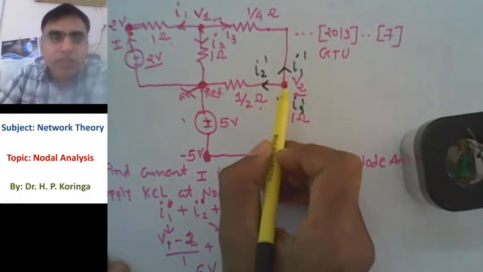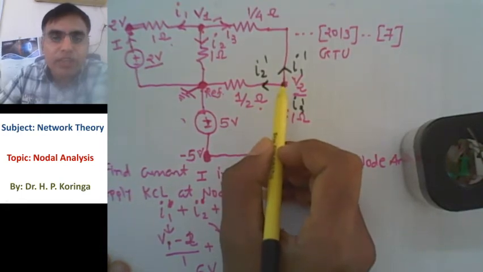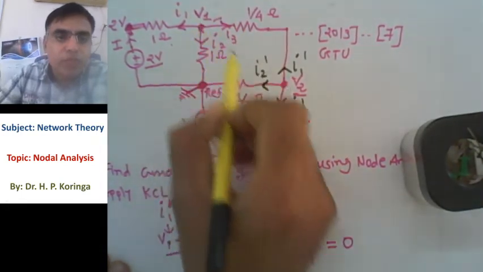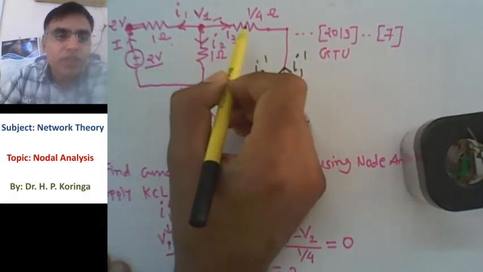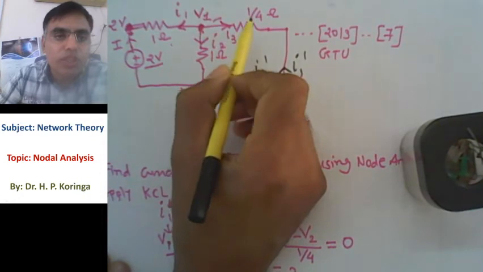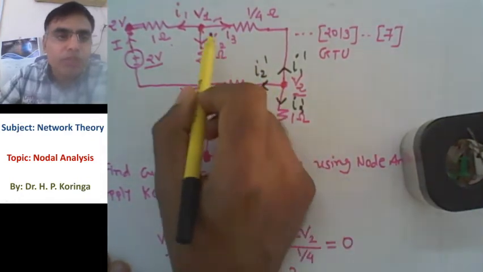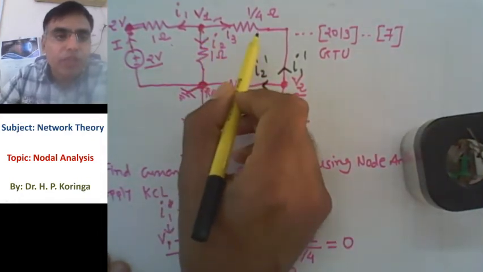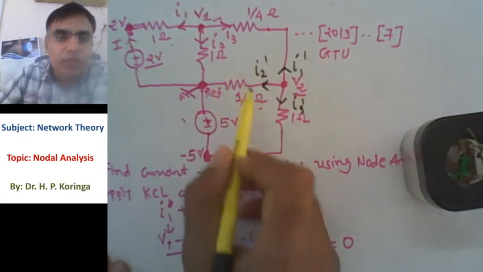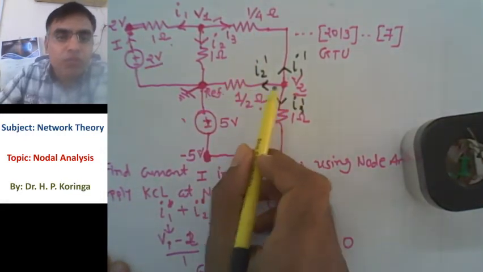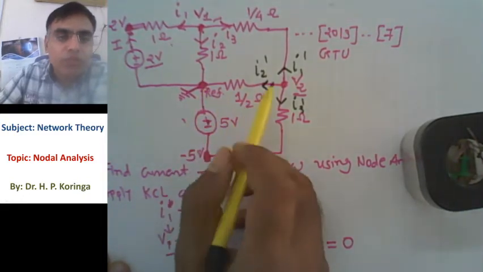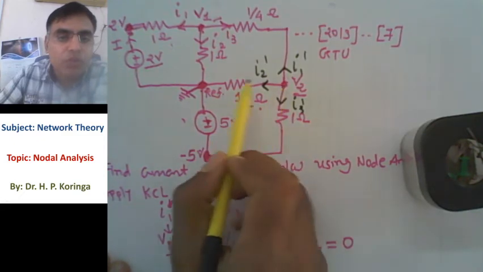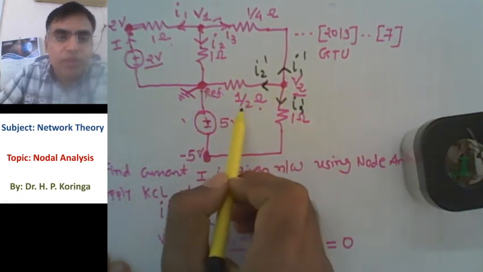I1 dash's current direction is from V2 to V1, so it is (V2 minus V1) divided by the resistance between them, which is 1/4. For I2 dash, it is (V2 minus 0) divided by 1/2.